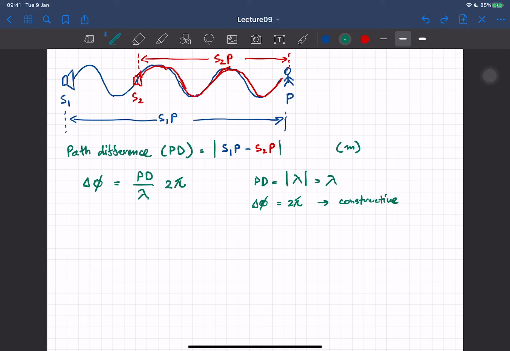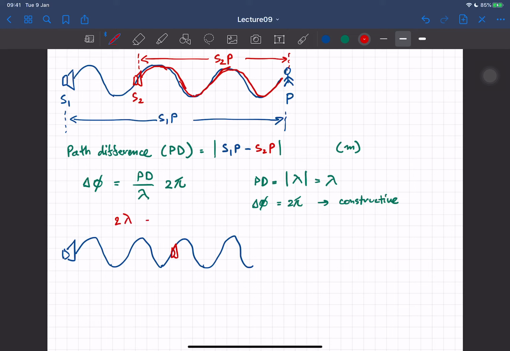So how do you do that? Well, you just need to move the speaker by a multiple of lambda to get that, right? For example, you can do even further movement. Let's say you move the red one here, right? How much do you move?